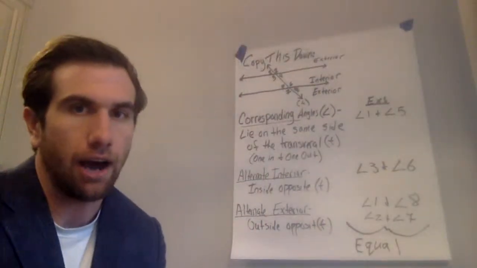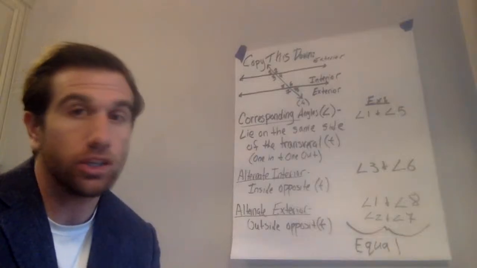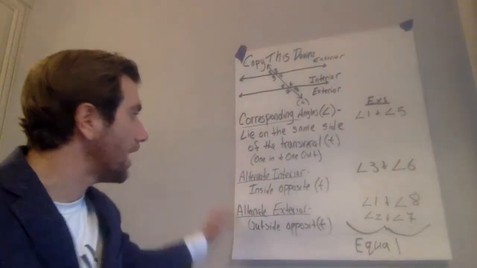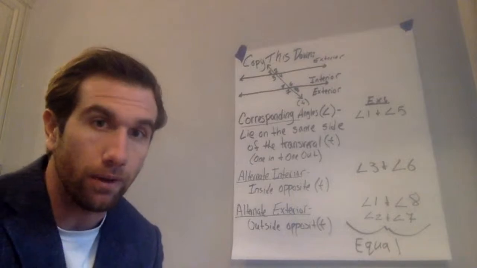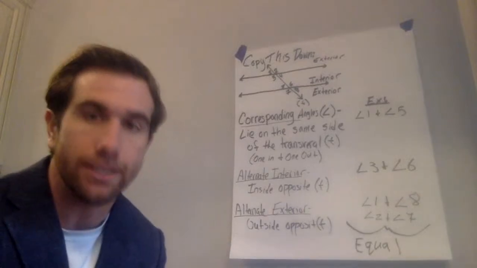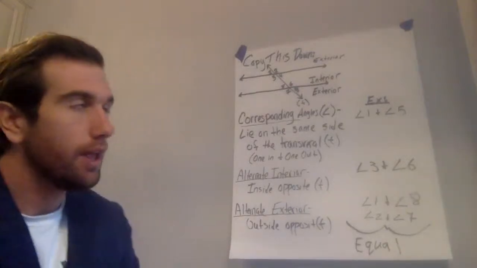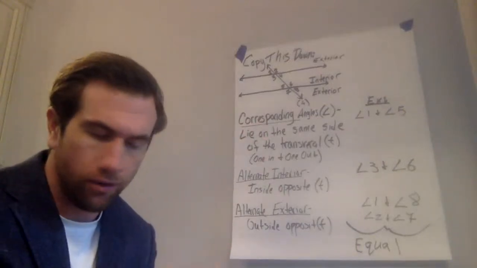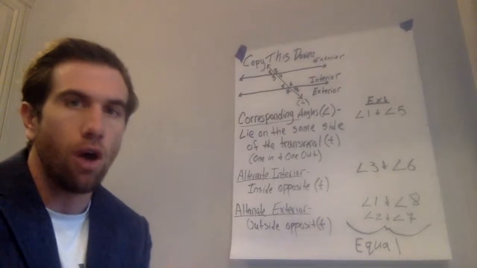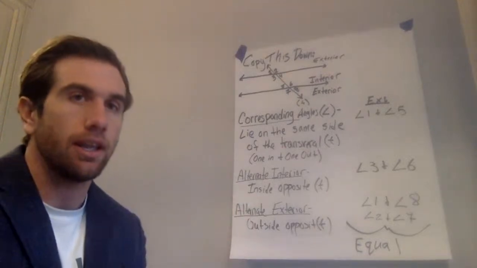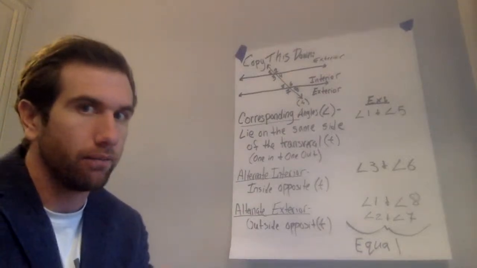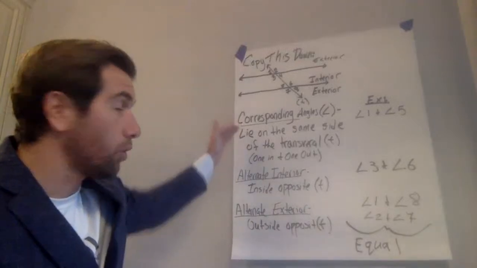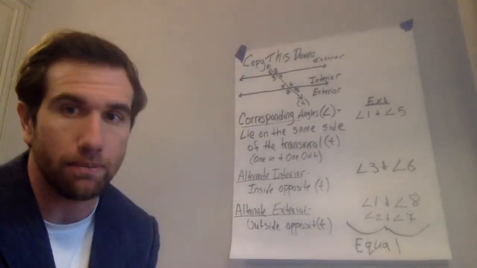Tomorrow, the next day, I'm going to start putting numbers in there. Just know that when you have one of these 3 types of angles, they're equal. And what is equal, guys? It's the same. So if you're trying to find a missing angle measure, which we're going to be doing in the next few days, you know that if it fits this criteria of a corresponding angle, it's going to be the same exact measure.